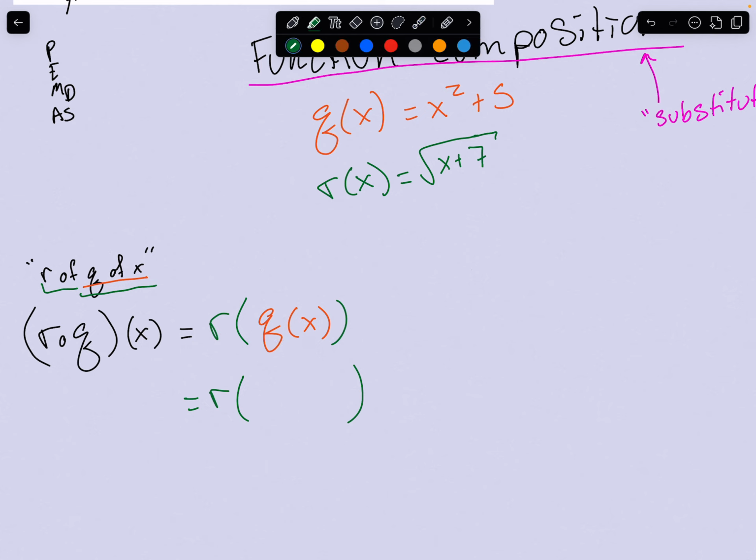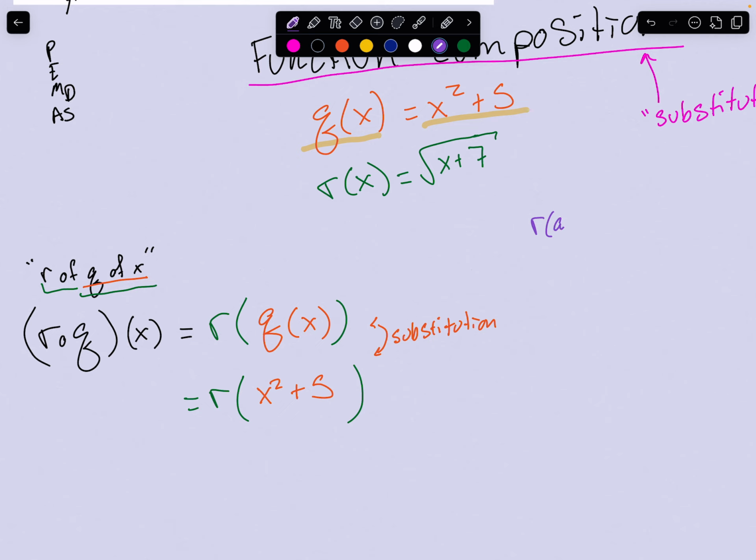I'm literally going to take q of x and replace it with its equation, x squared plus 5. And that's it. All I've done is substitution, yeah? From here to here.